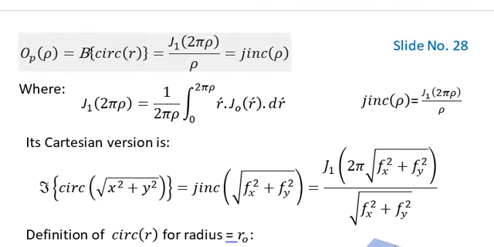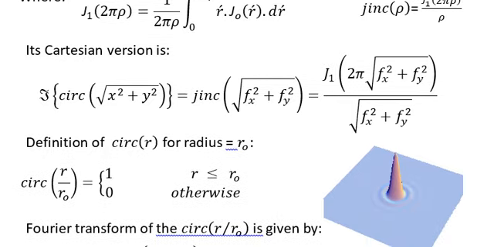Here we have the jinc of rho related with the Bessel function of the first kind of order 1 as J1 of 2 pi rho over rho, where J1 of 2 pi rho is equal to 1 over 2 pi rho, integration limit from 0 to 2 pi rho, and the integrand is r prime J naught of r prime dr prime. And jinc of rho on the left hand side we have defined as J1 of 2 pi rho over rho.